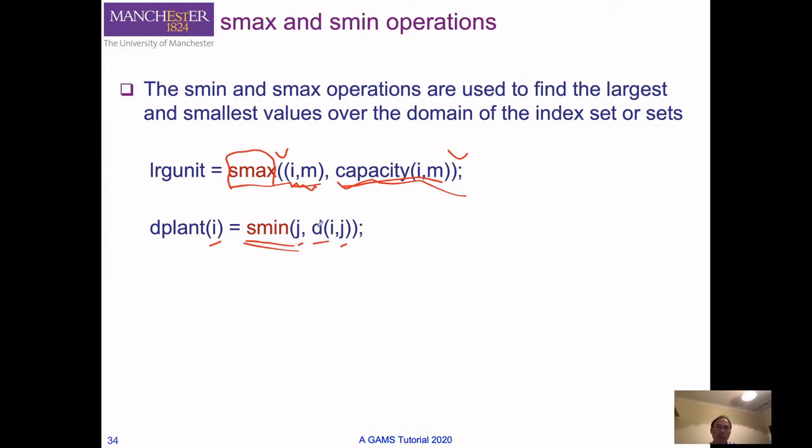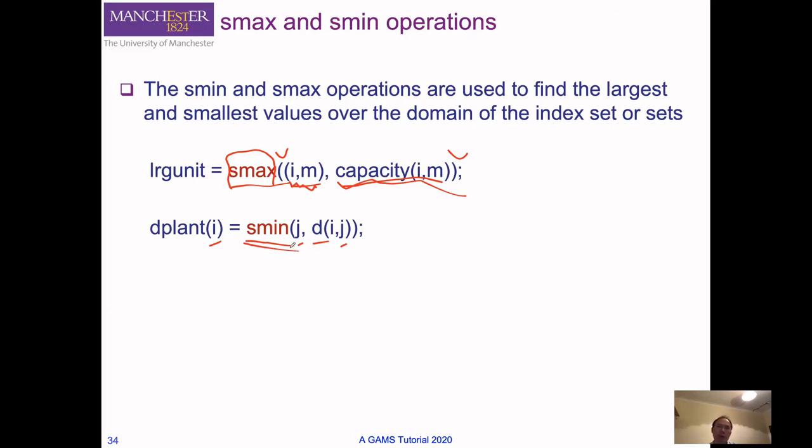For instance, if d represents the distance, i represents the plants, and j represents the markets, then this means for each plant, we want to find the minimum distance from this plant to the market. For instance, if i is equal to Seattle, then that means we want to find the minimum distance from Seattle to a market.